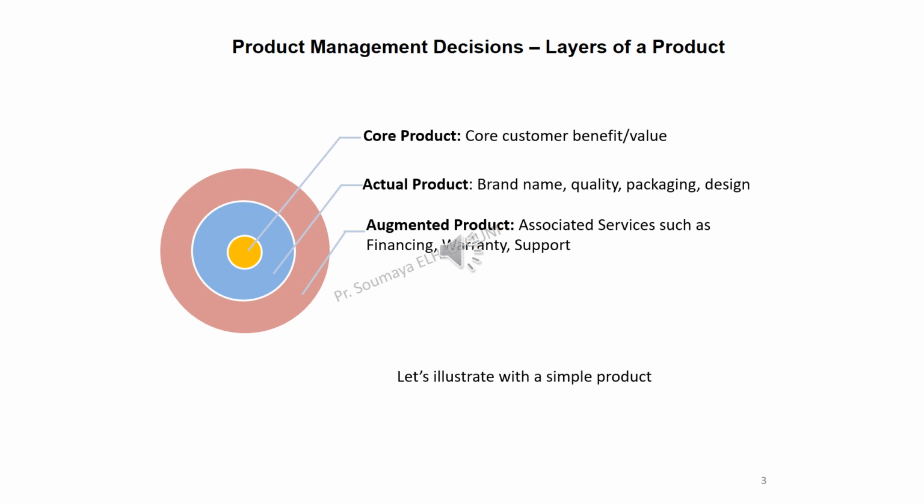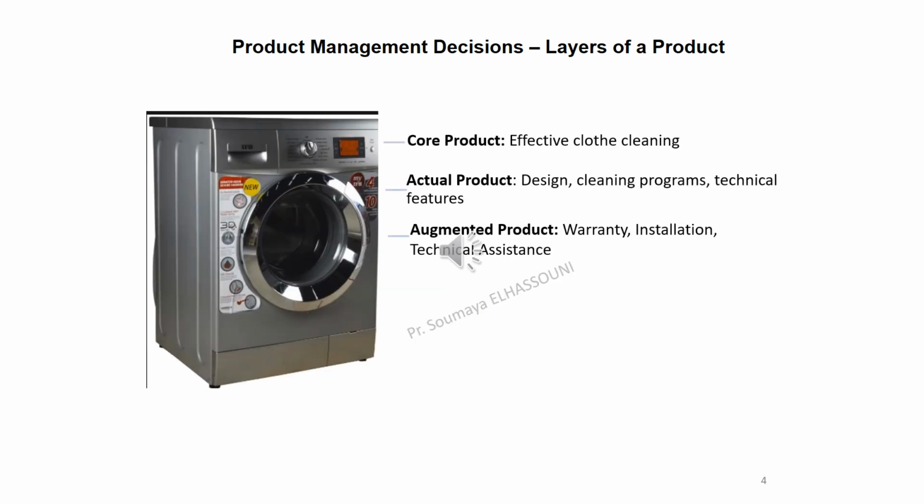This is the layer that goes beyond the physical item, and it includes the additional benefits or services that come with it. For instance, when you buy a washing machine, you might also get free installation and warranty and so on. So together, these three layers give us a complete picture of what a product truly is.